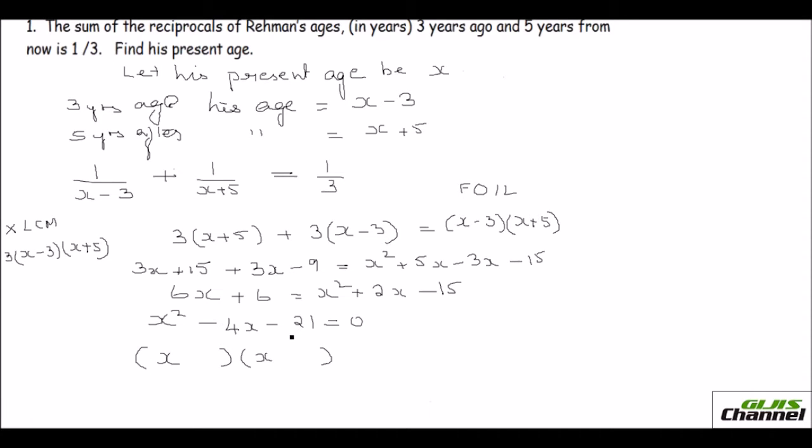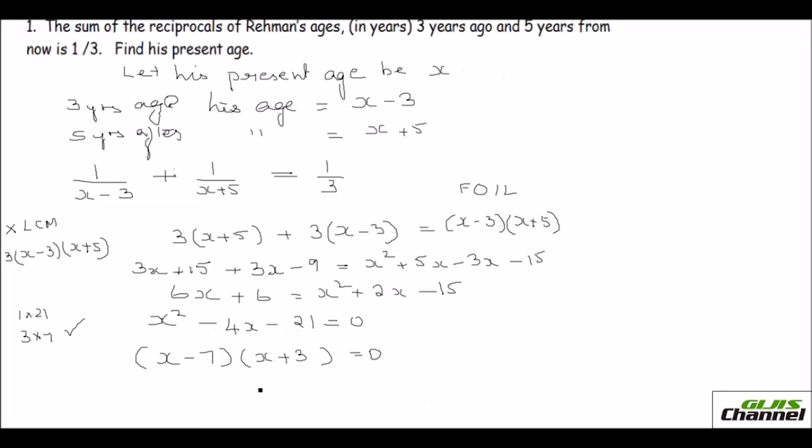I need to get minus 21, so the possibilities are 1 times 21 or 3 times 7. I think 3 times 7 will be okay. Here it is minus 4, so I'll give the minus to the bigger number. So I take minus 7 and plus 3.